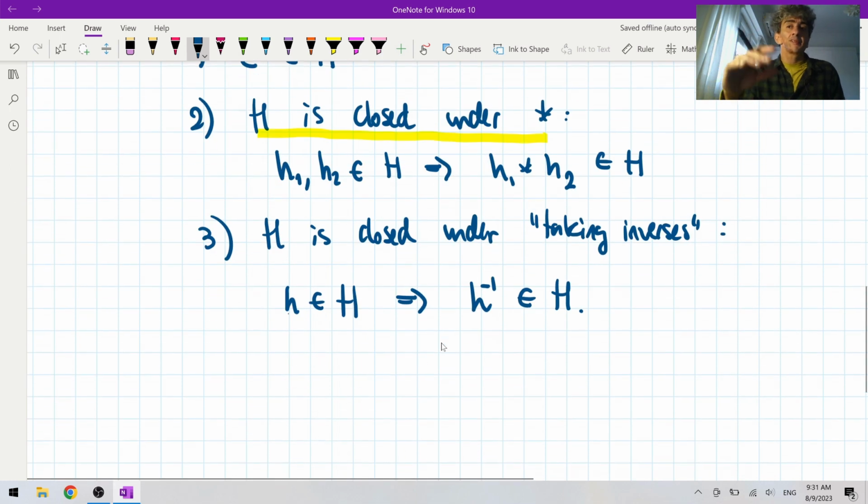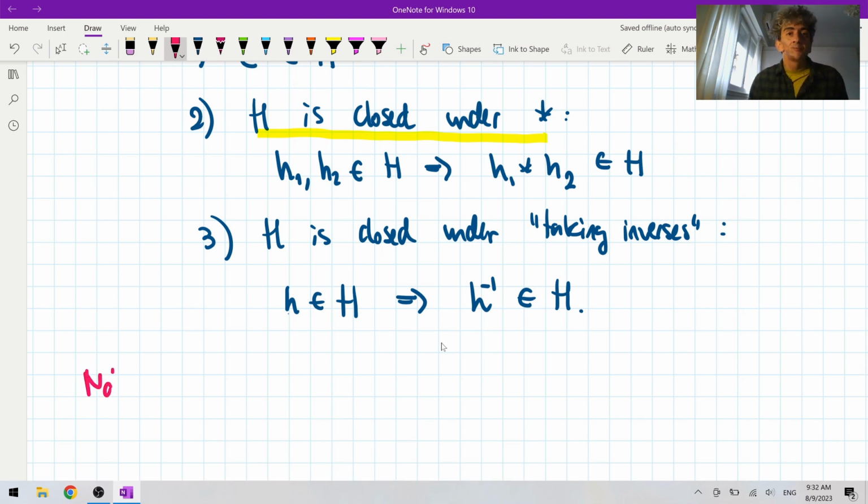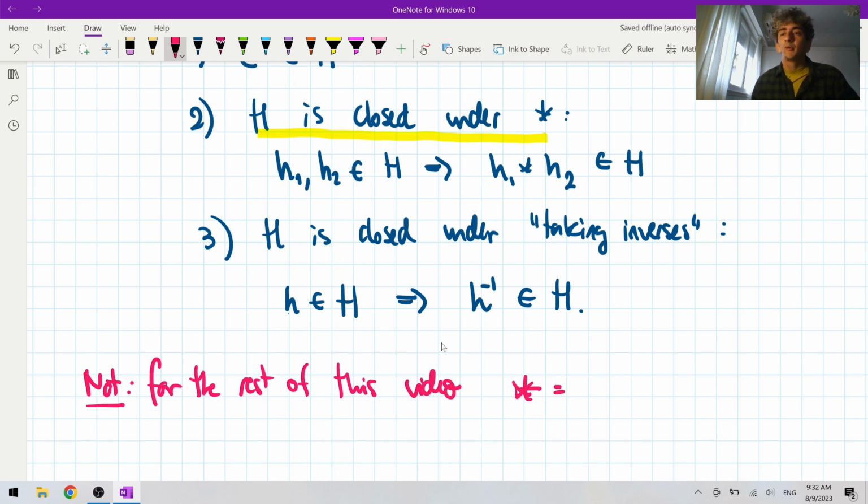This is not anything fancy. For the rest of this video, we're just going to use the symbol little dot for the group operation, so we're going to simply talk about multiplication in general.